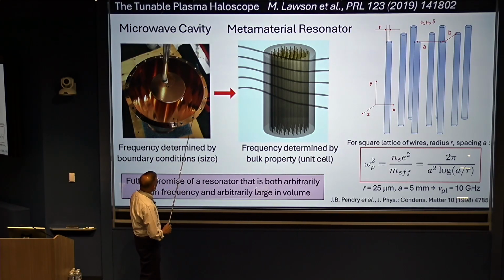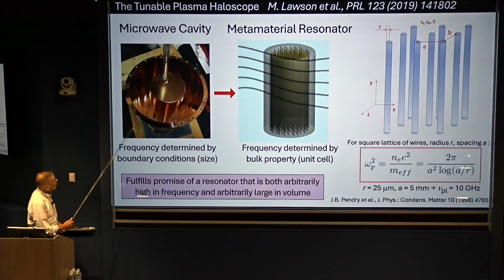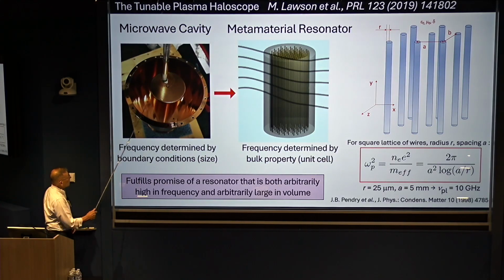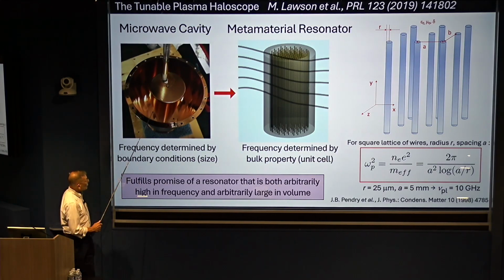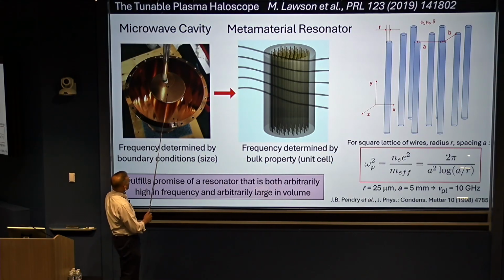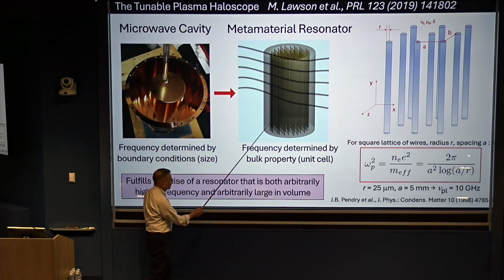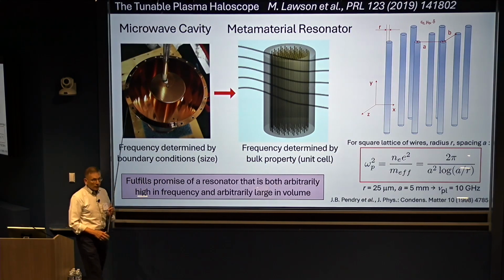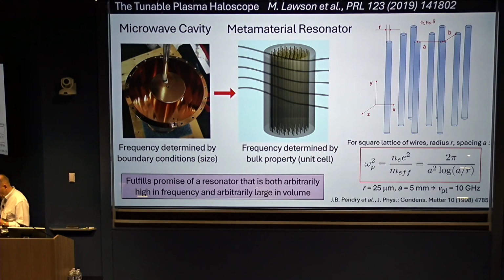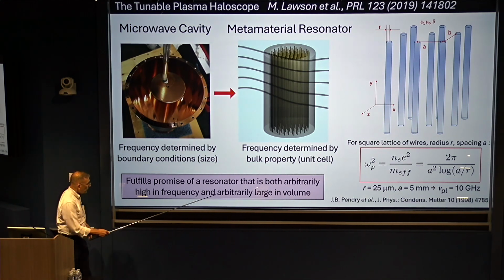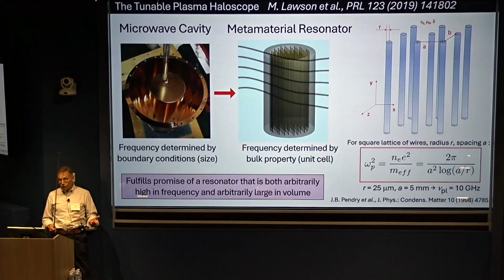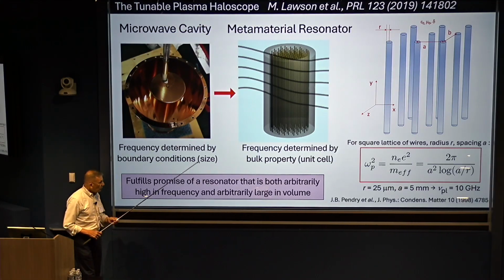The idea was to break the connection between the size of a resonator and its frequency by going to a wire array metamaterial. Metamaterials have a plasma frequency that is a property of the bulk, or basically the unit cell, and not the size.